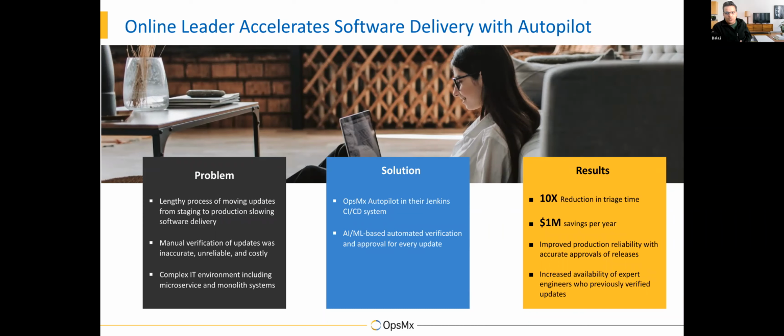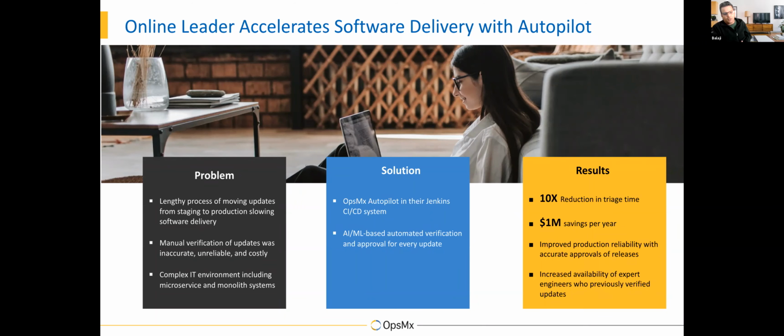Before I go to production demo, I want to just share an example of an online leader. A customer of ours was essentially using Jenkins to deploy software, and they were using Autopilot as a way to intelligently make decisions on approving to production, right?